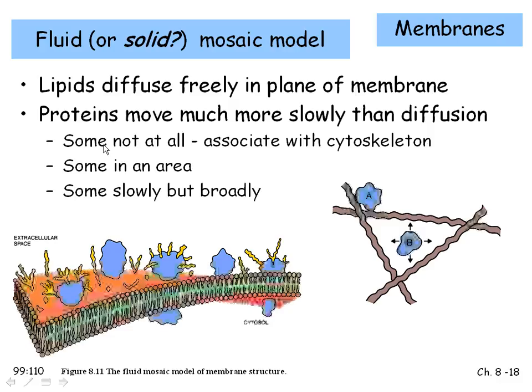So there's some membrane proteins that are simply not going to go anywhere. There are other membrane proteins that move around, but in an area like this. And for both of those, we have information that suggests those behaviors are due to the fact that these are proteins that can interact with the cytoskeleton one way or another.